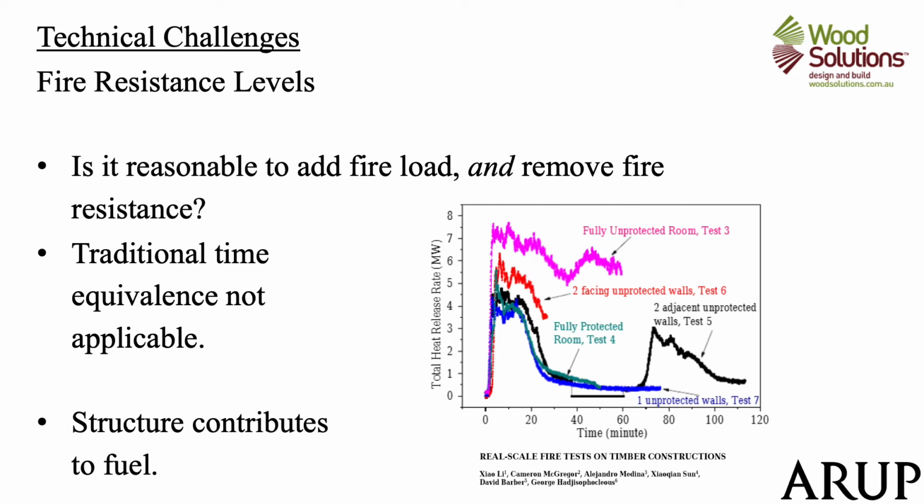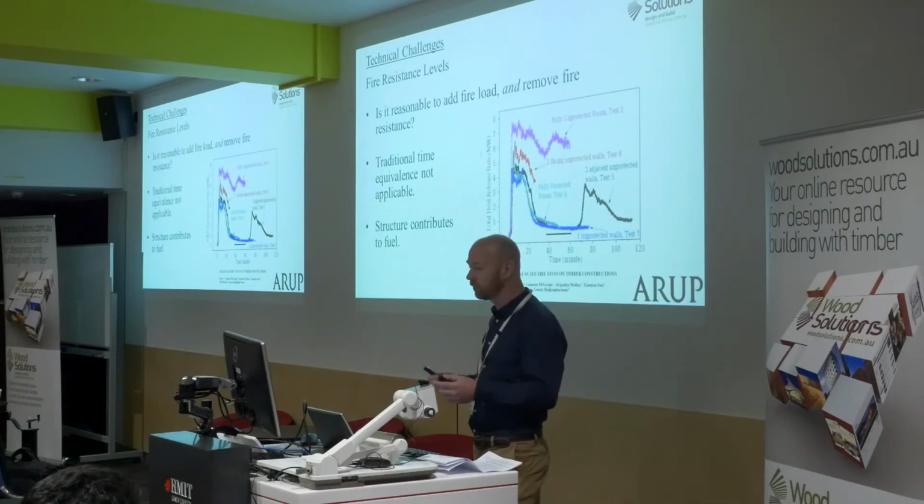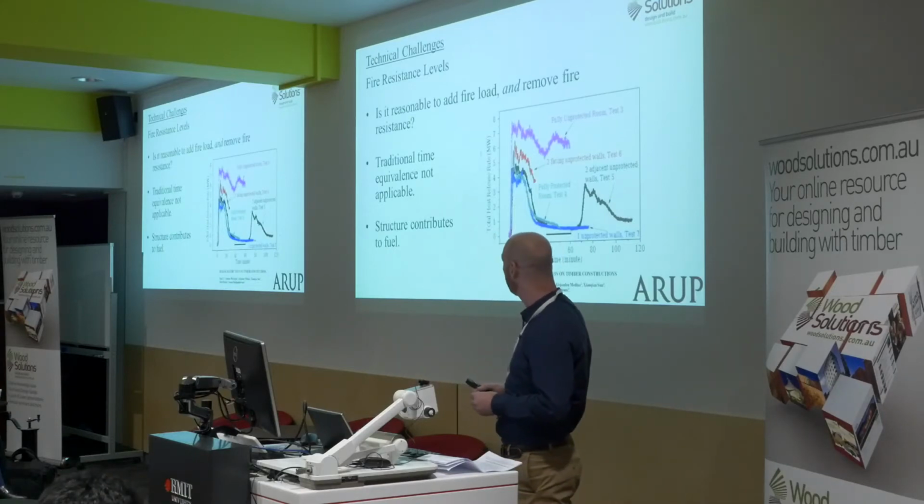So if you reduce the fire resistance level, you're reducing section sizes, and it also allows you to use off-the-shelf tested connection systems, for example. There are a fair few systems out there for 90 minutes, but not too many for 120 minutes. So I think there's a bit of pressure on fire engineers to reduce the fire resistance rating.